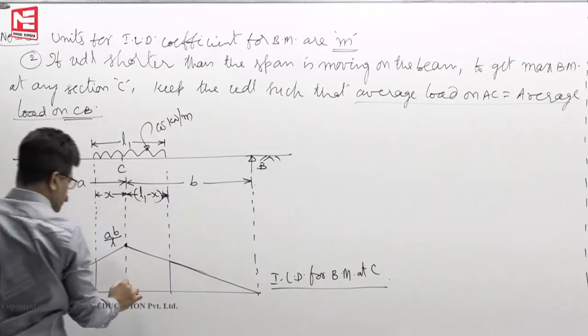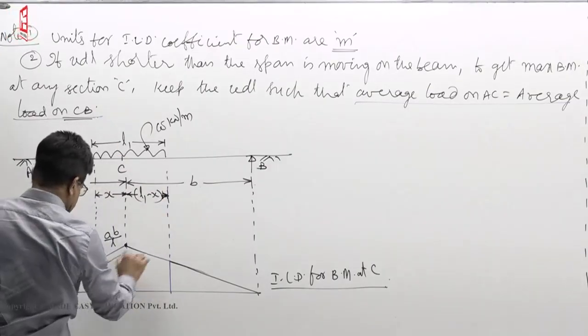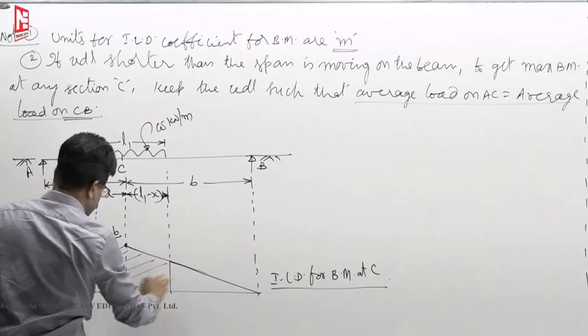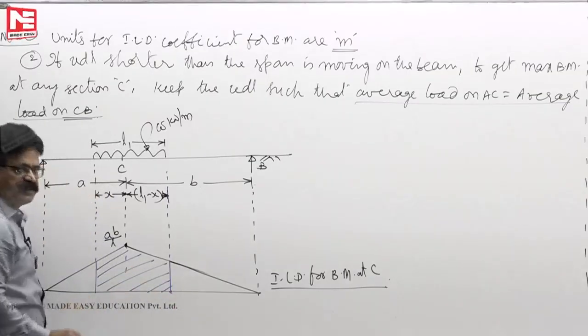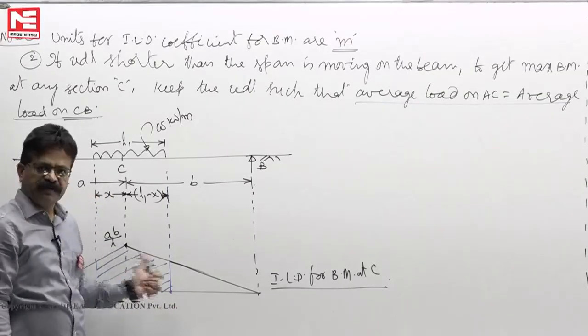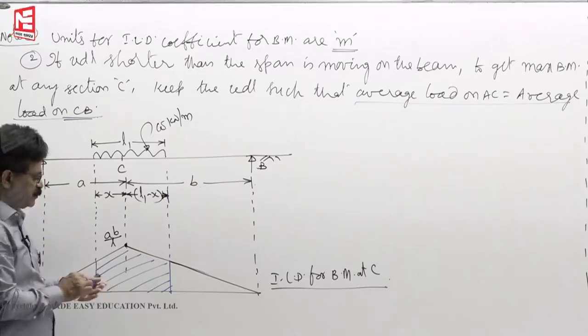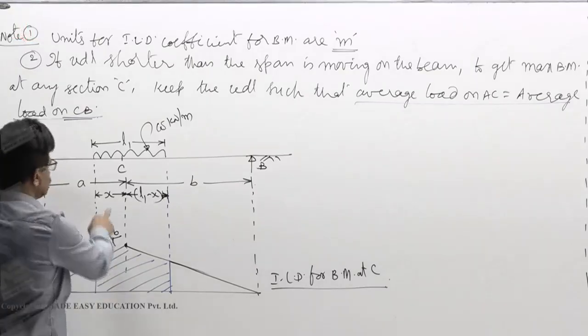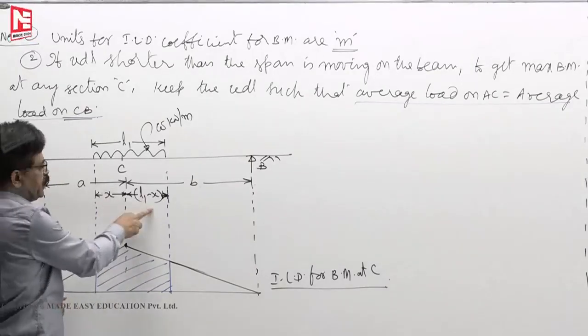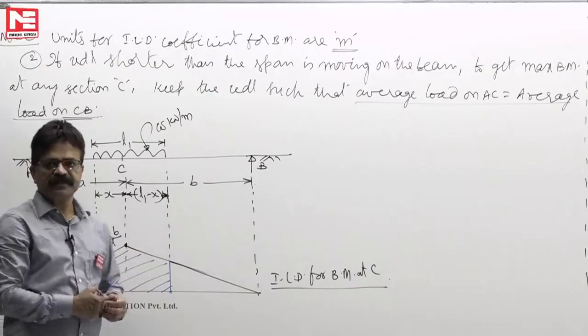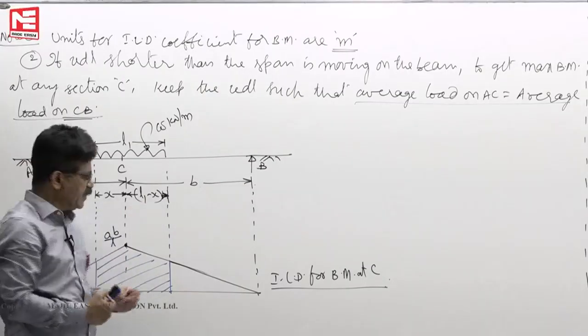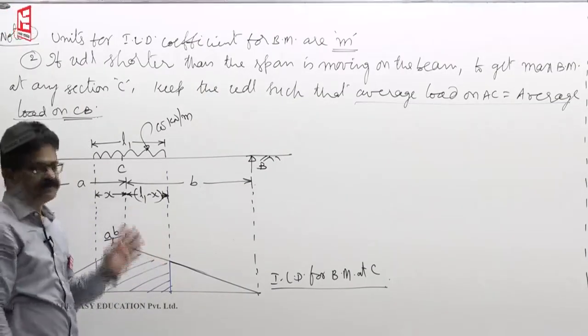Then how that average load is defined is like this. This is the area of the trapezium. To get maximum area of the trapezium, you must adjust the load like this: x by a is equal to L1 minus x by b. If that condition is satisfied, you will get trapezium area maximum.